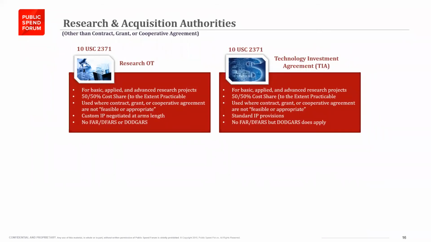Technology investment agreements have standard IP and Bayh-Dole provisions per the actual regulation, DoDGARs. That's really the only difference between these two right here. If you do a technology investment agreement, that body of regulations, DoDGARs, does apply. And you will need to know how to work in DoDGARs. It's a totally new regulation.